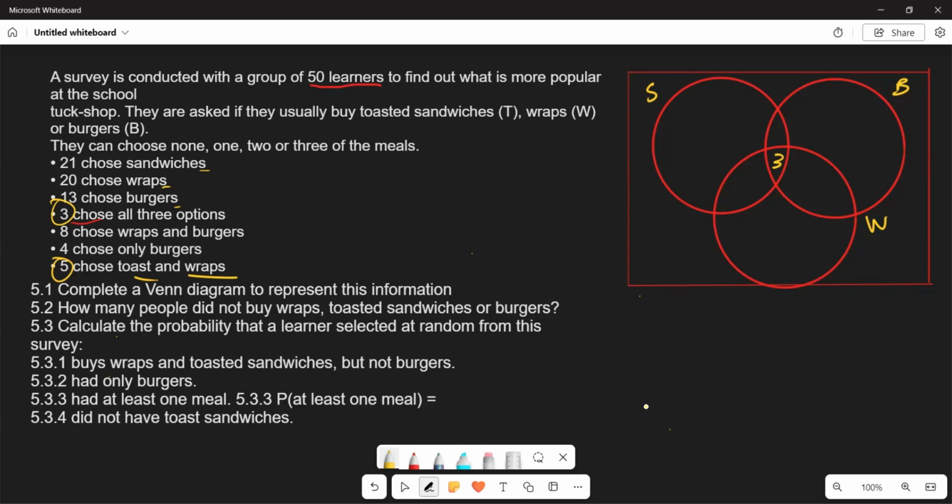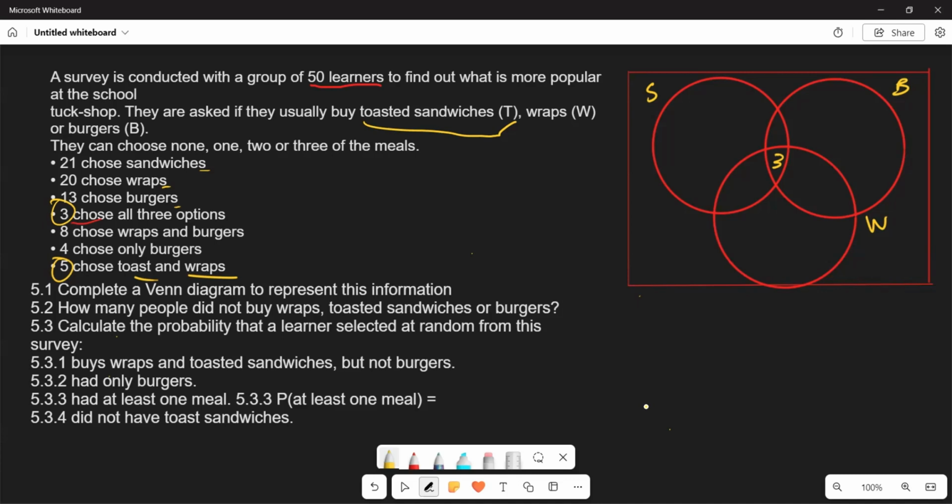Now for this one, what is it that we are then going to do? We are going to say, those who have chosen a toasted sandwich and a wrap are 5, right? And from these 5, 3 of them have already chosen all 3 types, right?